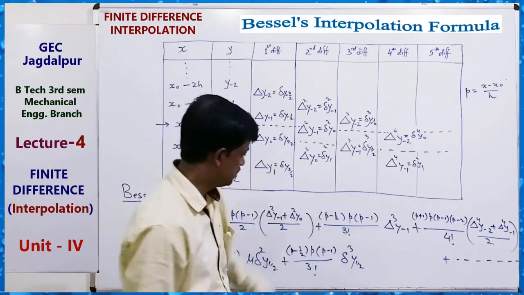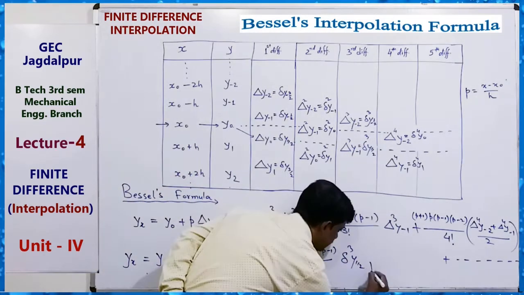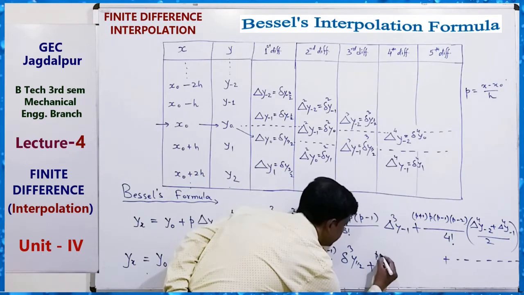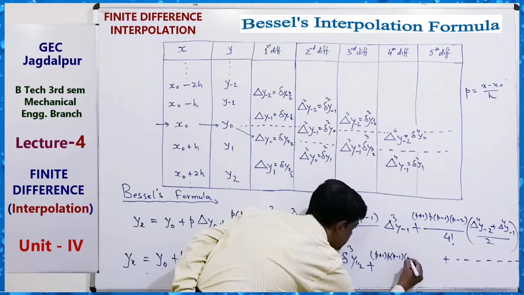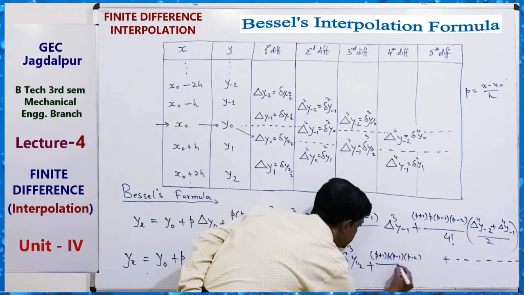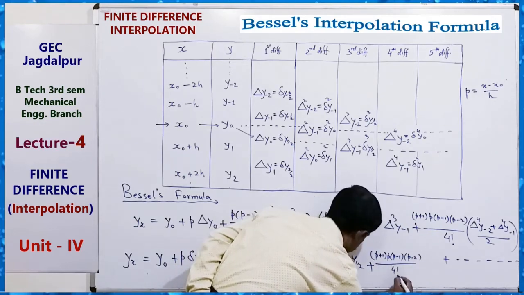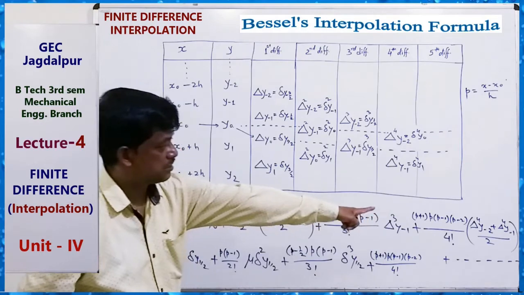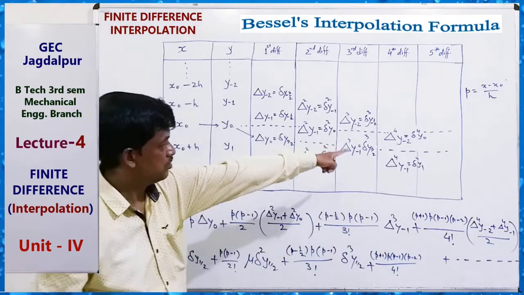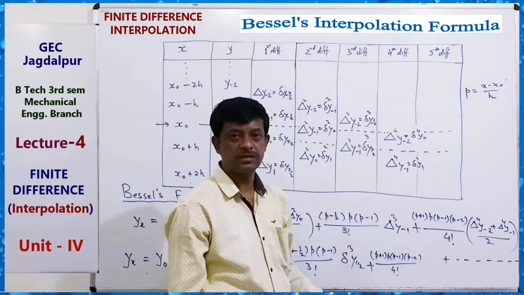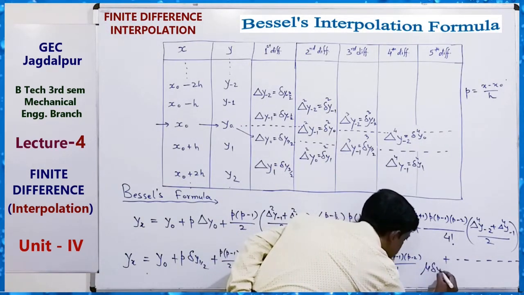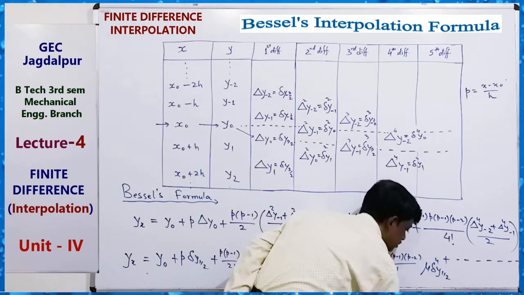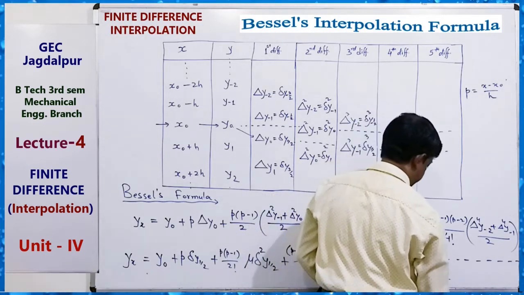Now average, last one. P plus 1, P minus 1, P minus 2. Here, average of these two means mu central del fourth y half. Fourth difference. Okay.